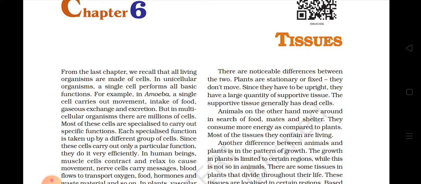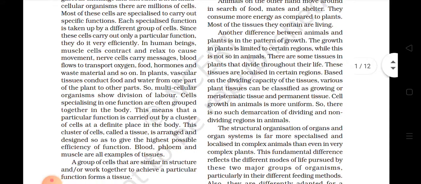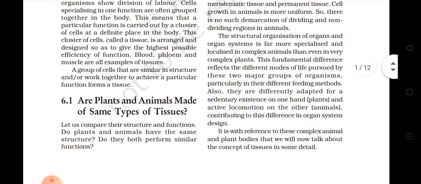Now you had seen that plant's body is harder in structure as compared to the animal's body because they have to live in the environmental conditions. Okay. So they are made up of different tissues and animals are made up of different tissue. Okay.